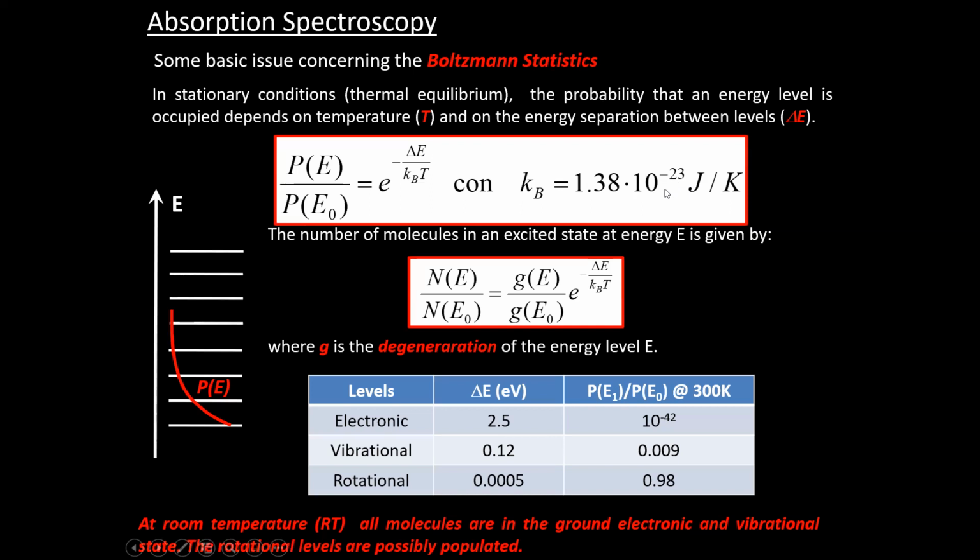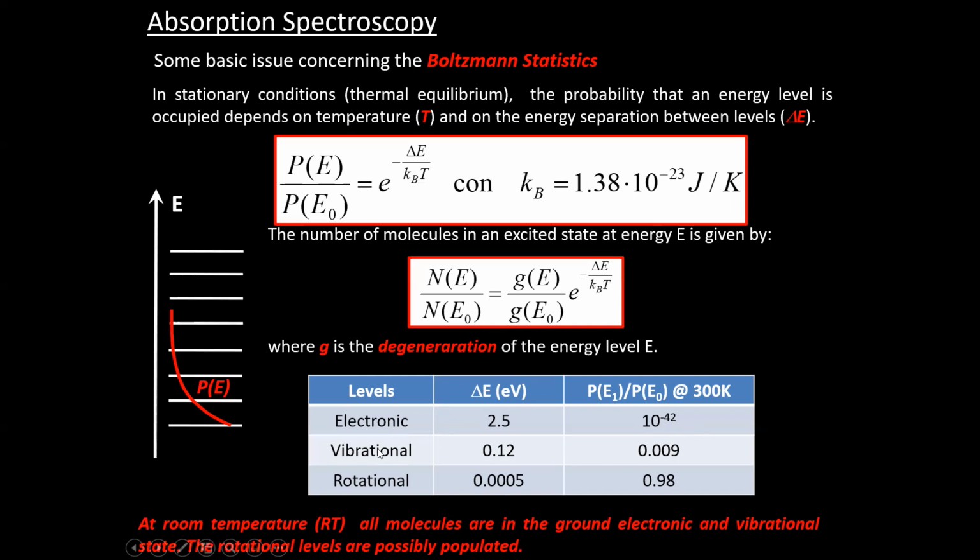At the denominator you have the Boltzmann constant, 10⁻²³. If you make the calculation, you see that this probability is 10⁻⁴². So it's an incredibly small number.